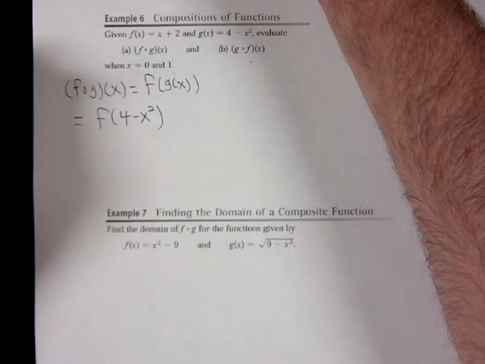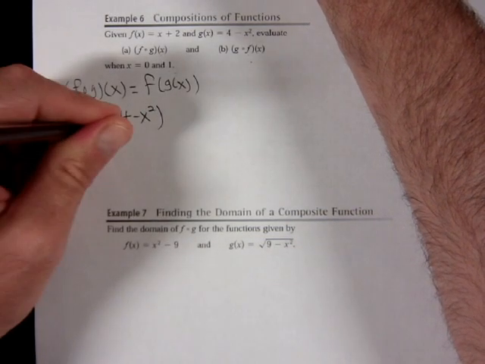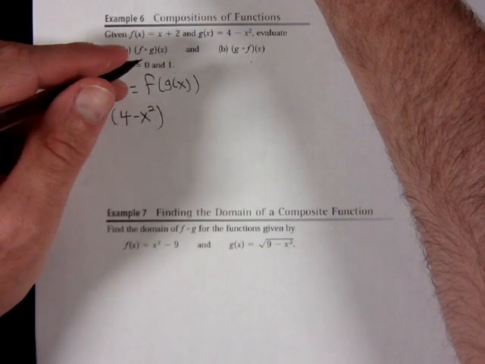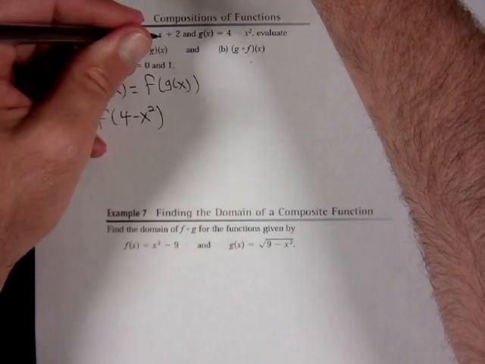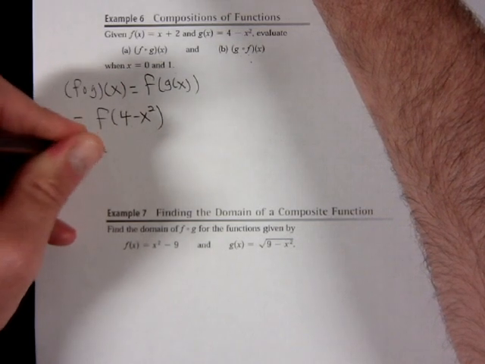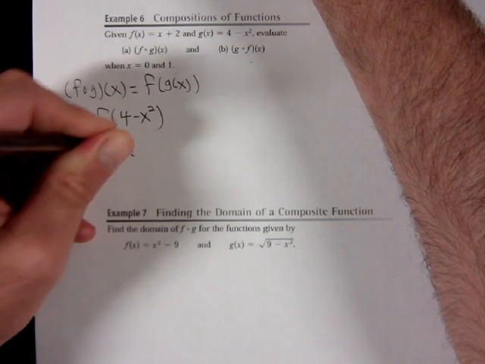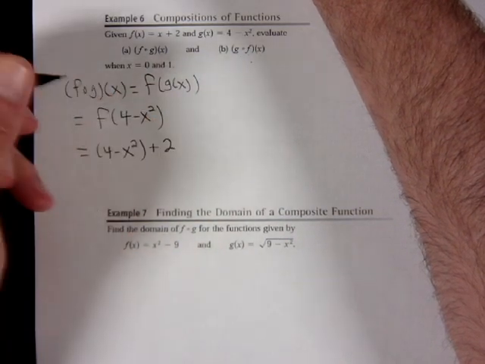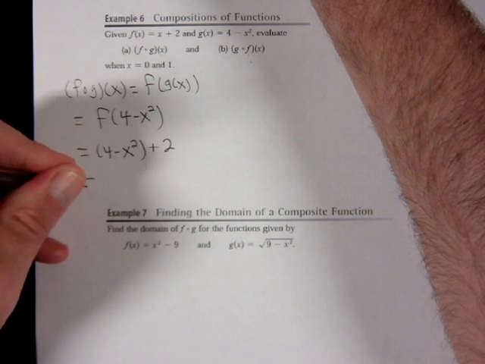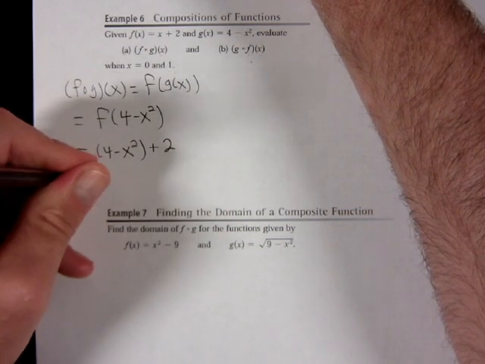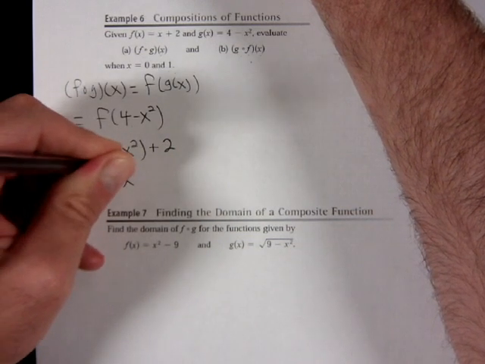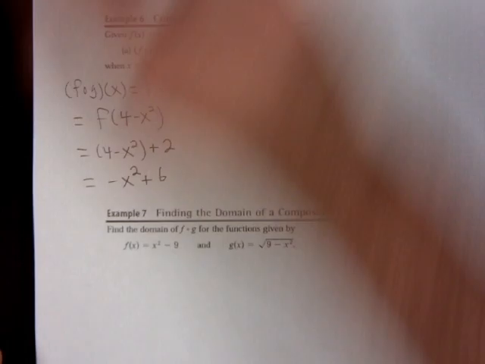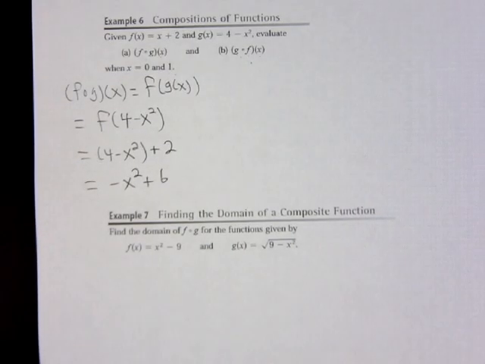Now I can take f of that, so I shove this into the f function, which means in place of x, I'm going to put 4 minus x squared, plus 2. With a little simplification, the composition is negative x squared plus 6. That's f of g of x.